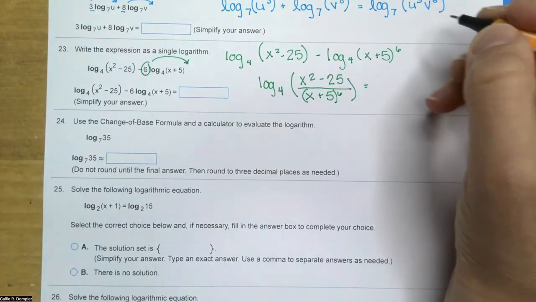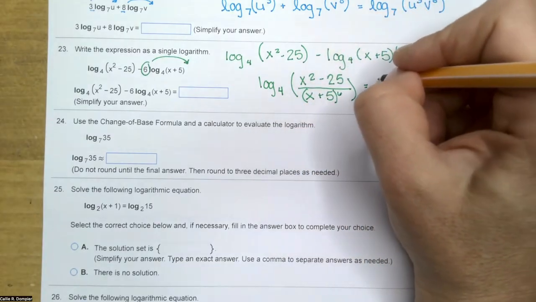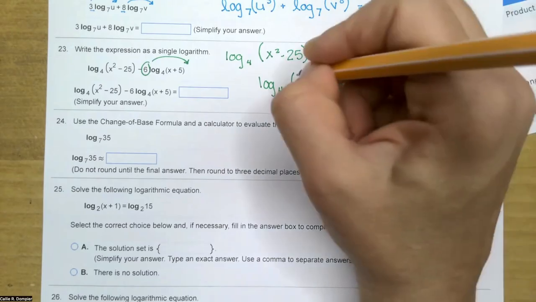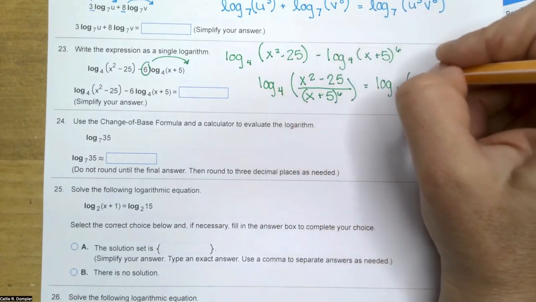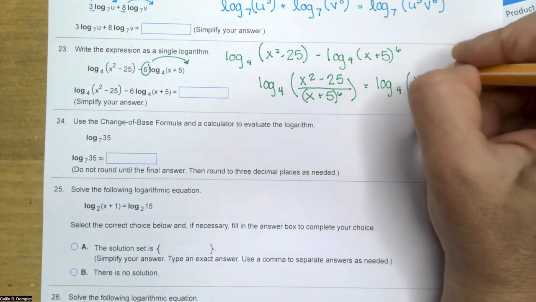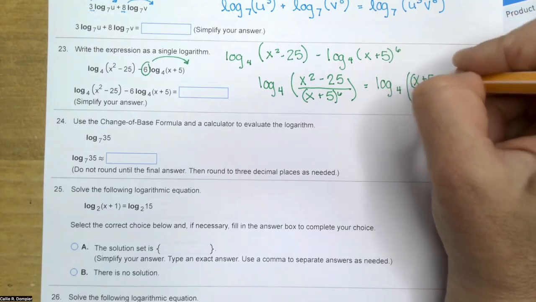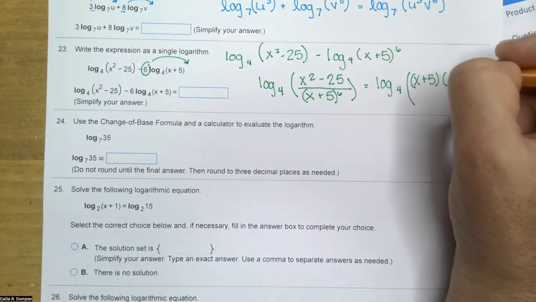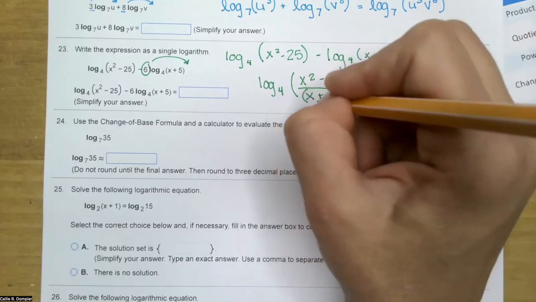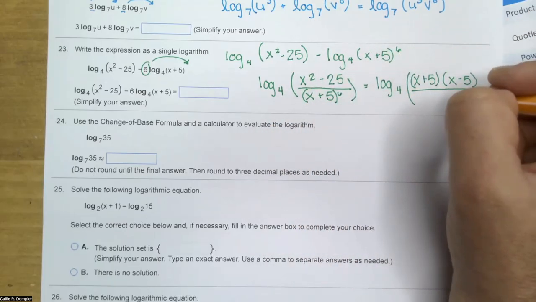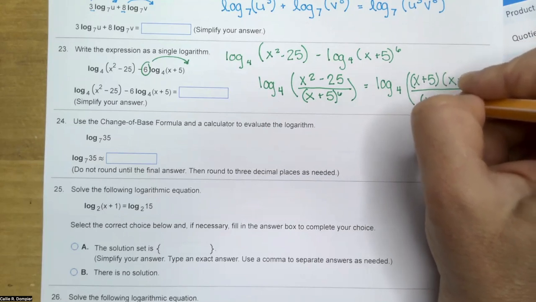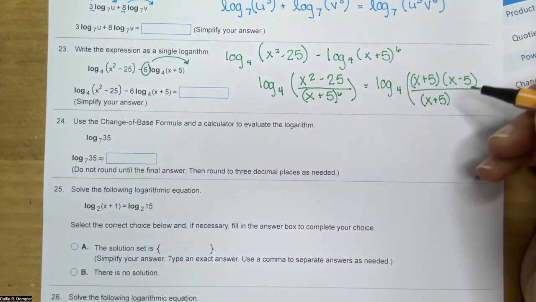And then we can simplify that even further. We can simplify this fraction. Log base 4 of x squared minus 25 becomes x plus 5 times the quantity x minus 5. And then down here we have x plus 5 6 times. So that's like there's 6 of these, right?